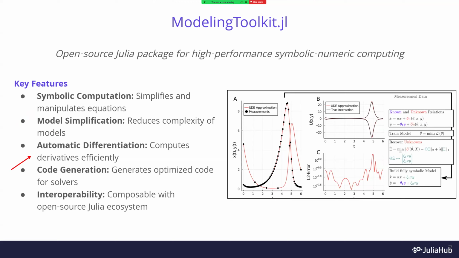It can do automatic differentiation and has code generation. We'll be using some MTK macros in just a moment to simplify what we have to type in. And ModelingToolkit is very interoperable because it is fully written in Julia, therefore it's fully composable with the open source Julia ecosystem.